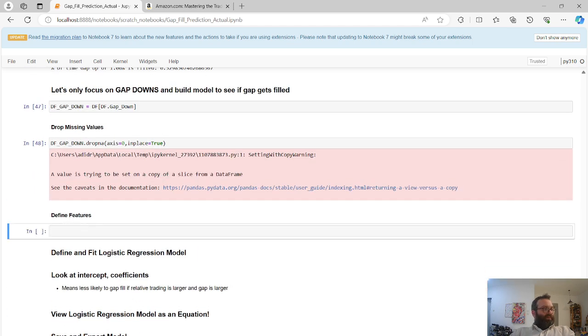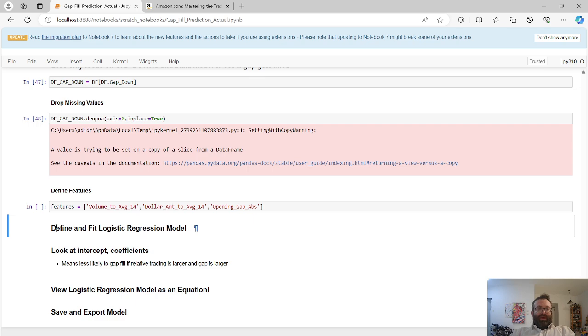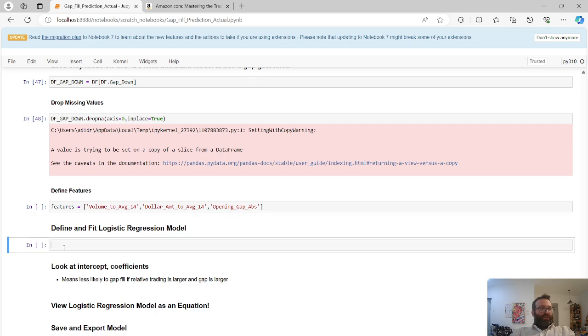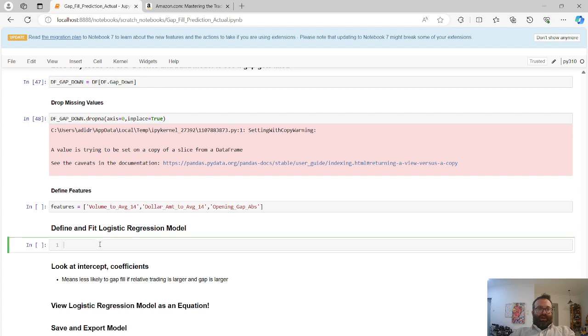We can just use 3 features: volume to average 14, that's the relative volume, this is the relative dollar amount, and this is the opening gap, the absolute value of the percentage. And let's do the logistic regression model. By the way, these two are so correlated.